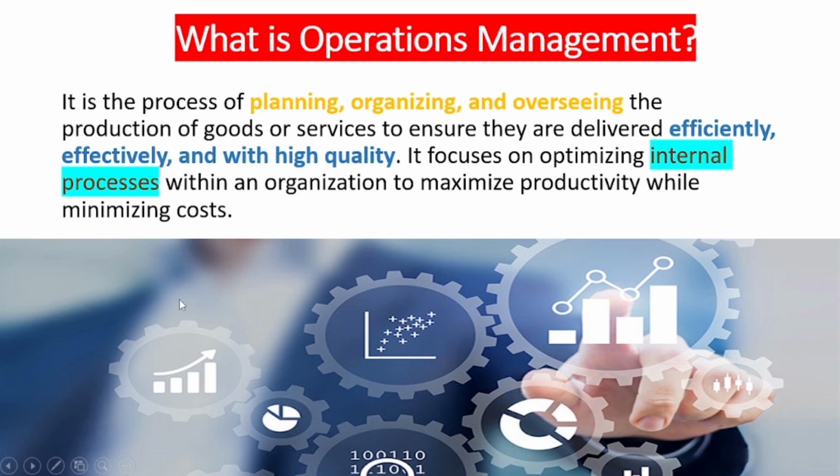I have highlighted a few words, especially these words, internal process. What internal process is and why it is important in operations management. If you want to understand what operations management is, just try to understand these words, internal process.